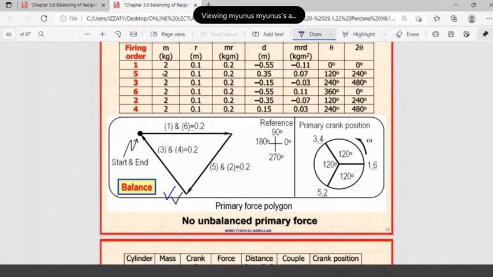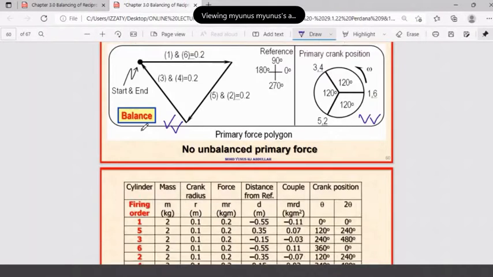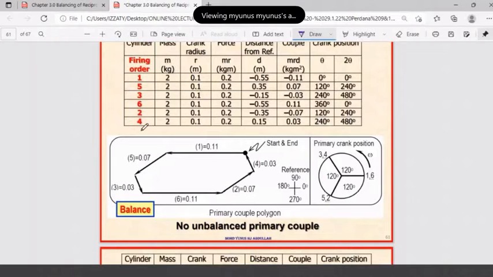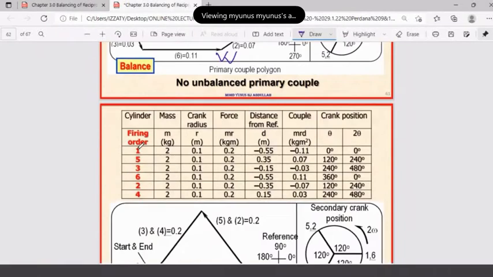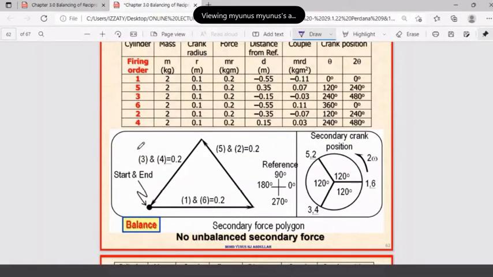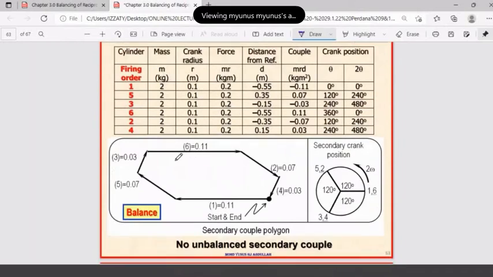You have a very nice polygon, isn't it? And it is also represented by the crank diagram. You move on. Look at the couple now, also a closed polygon. You move on now. I want to give you a conclusion. Yeah, this one is also balanced. Refer to this one, and finally, look at this one for secondary, also balanced.